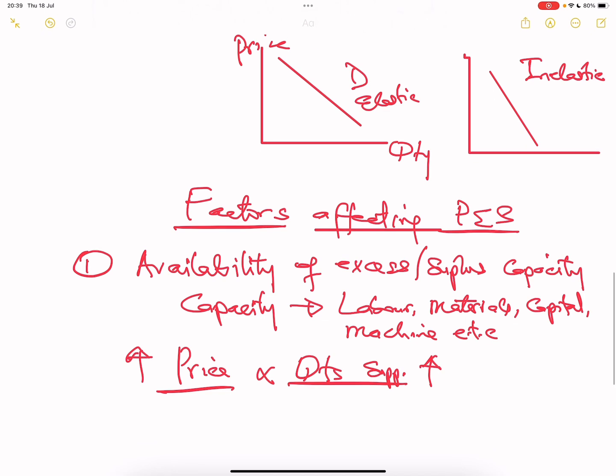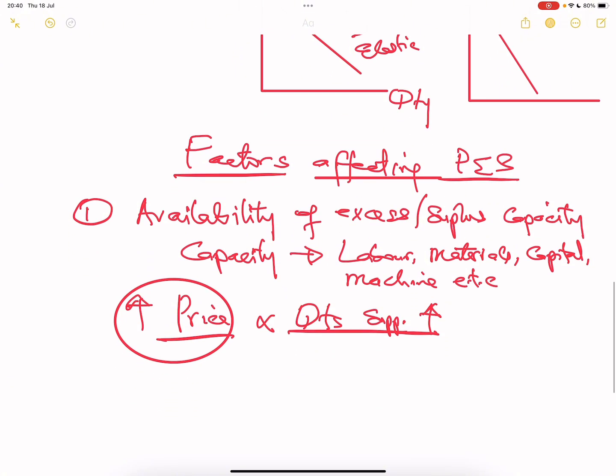However, what we are saying now is that this will only make sense if we even have excess capacity to produce more. So if we don't have people to produce more, or we don't have more materials available that are already in excess, or machines that are idle that we can use, or money to even buy the materials to be able to produce more, then we can't even take advantage of the increase in price.